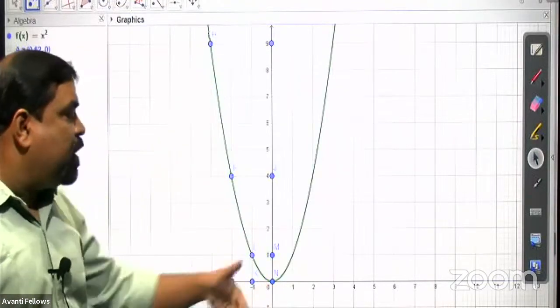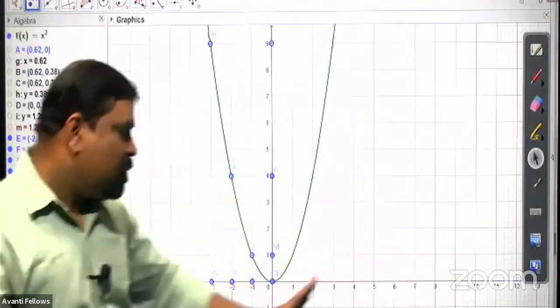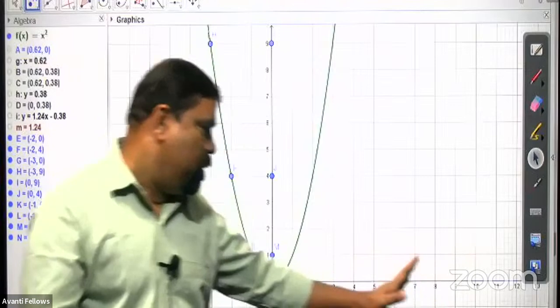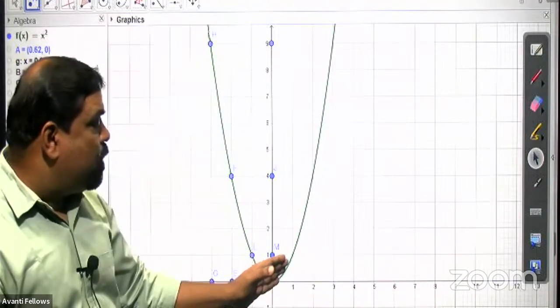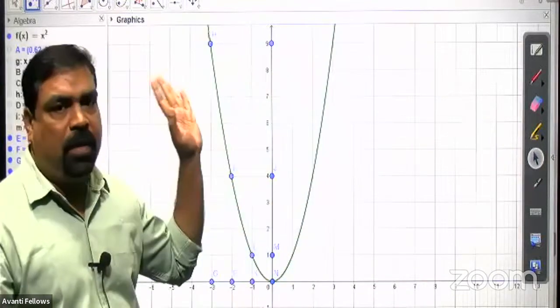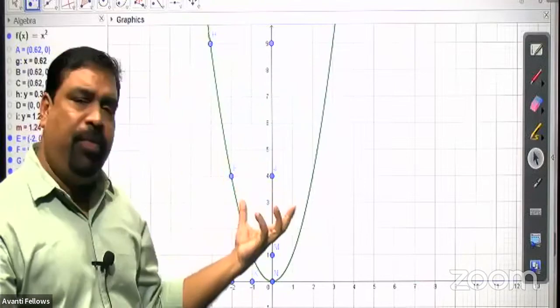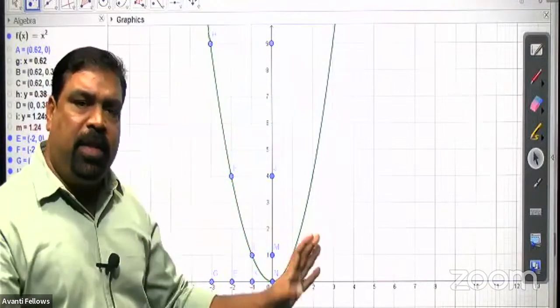After that, if I take the positive real numbers as the domain, we can very easily see that the graph is increasing. The function is of increasing nature. So here the graph will help you to decide where it is increasing and where it is decreasing.